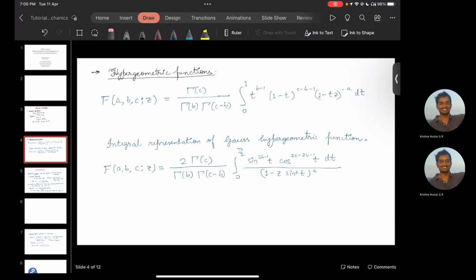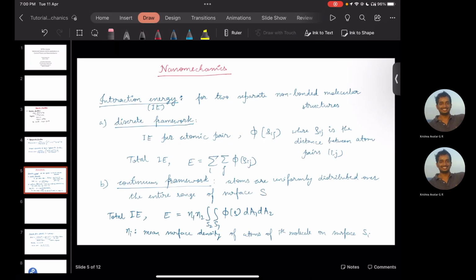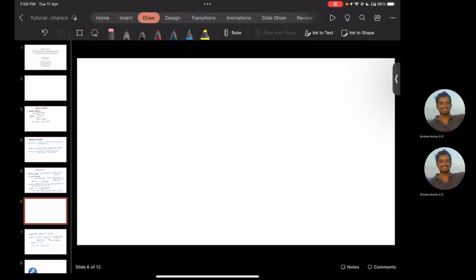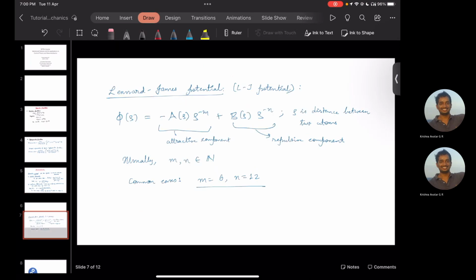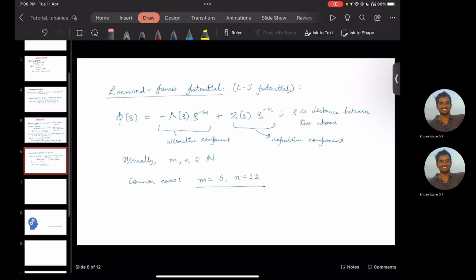We also talked about hypergeometric functions and the special integral representation of Gauss hypergeometric functions, and then talked a bit about nanomechanics, the interaction energies in both discrete and continuum frameworks. Furthermore, we talked about the Lennard-Jones potential. Now I think it is a good time to start solving some problems for this tutorial session.